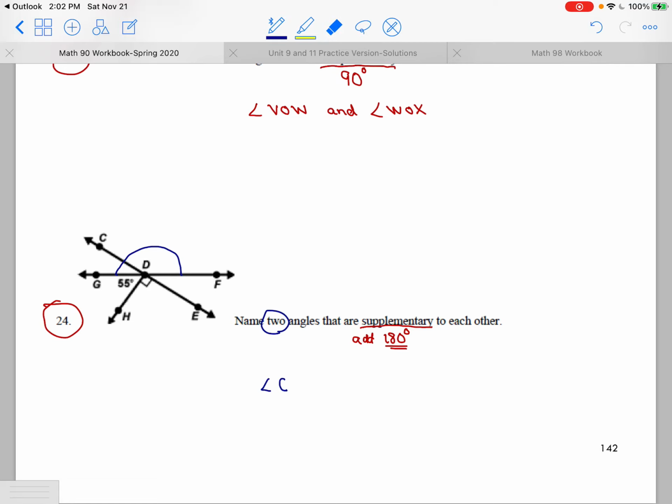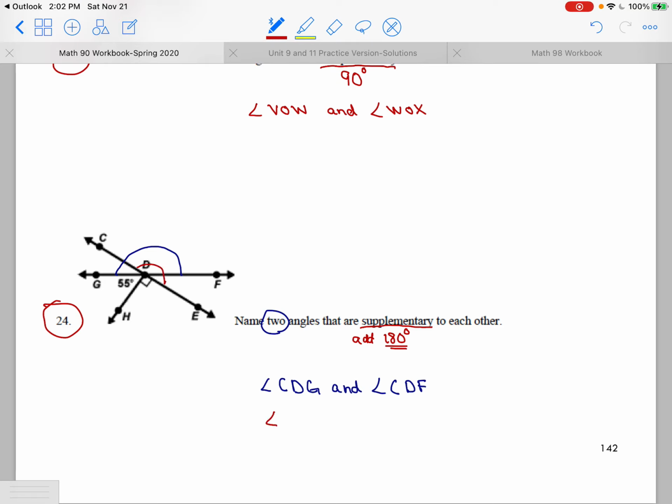So CDG, oh my goodness, DG, and angle CDF. There's one. You guys could choose whichever other one you want to. Let's just do that.